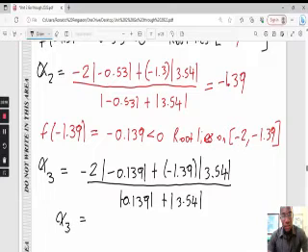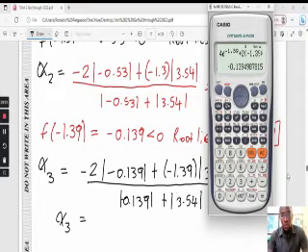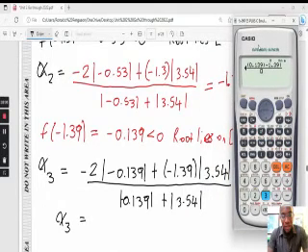Now alpha 3 is equal to, put it into our calculator, minus 2 in bracket 0.139, then we have minus 1.39 bracket 3.54 close the bracket, then we have minus 0.139, but the modulus makes it positive, plus 3.54.